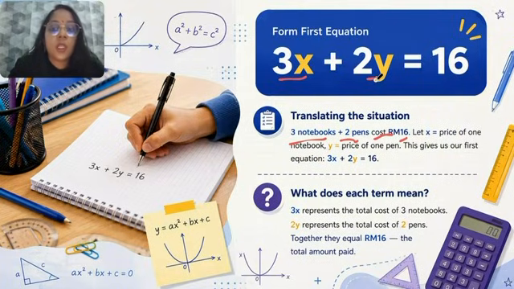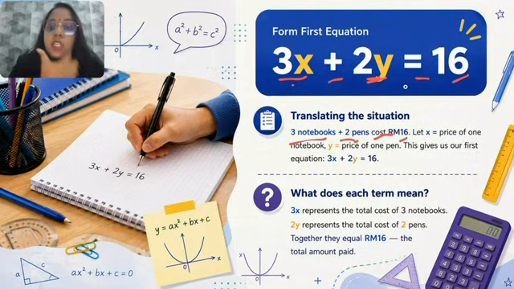So the total cost is 3x plus 2y equals 16. Notice how we did not simply guess the equation. We translated each part of the real-life information into mathematics.